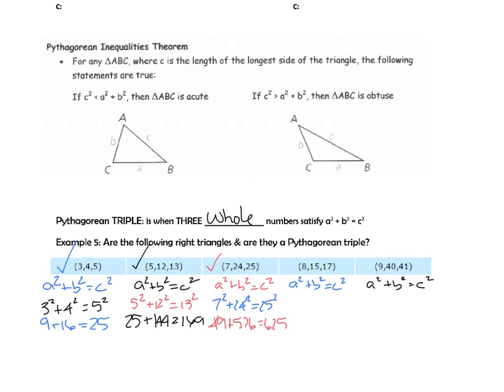So yes, it is a right triangle, and because these three numbers are whole numbers, yes, it is a Pythagorean triple. Now the next one, 8, 15, 17, we've already proven that before, so I'll go ahead and put a check there. For the last one here, I want you to do that problem.